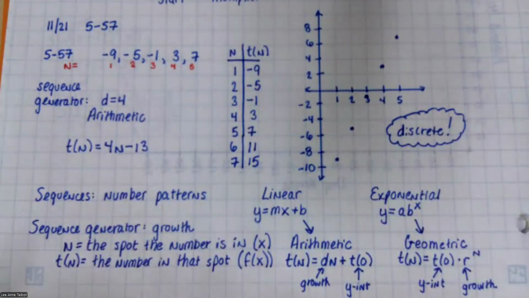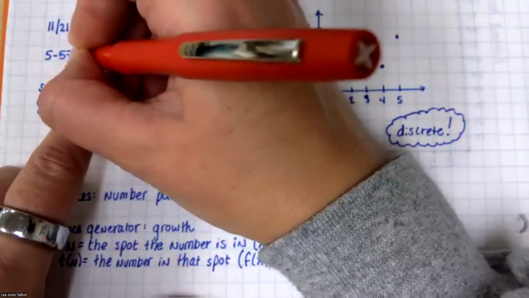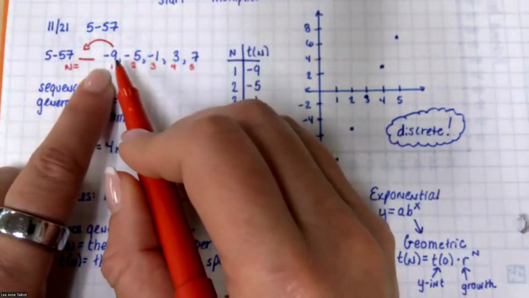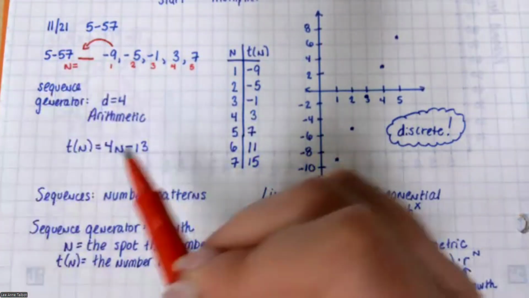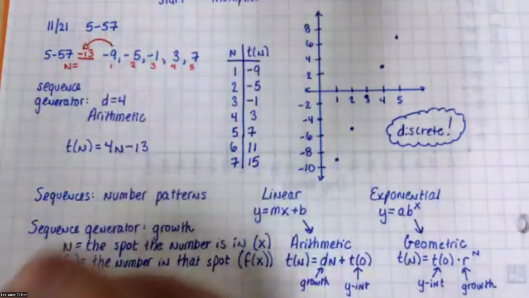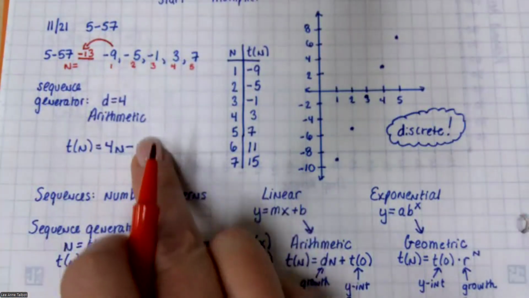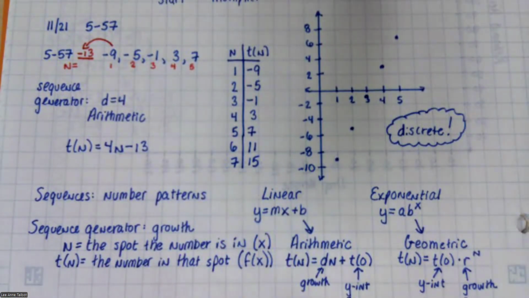Okay, this is what I like to do. I like to take a different color pen or something, and I like to draw a little arrow with a line right here. That helps me get my negative 13 to put as my y-intercept.